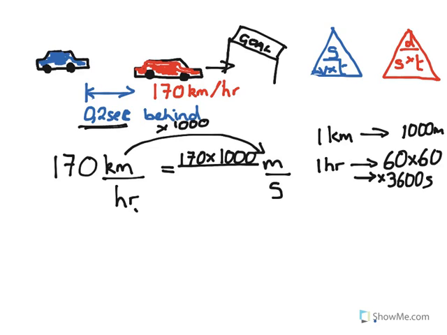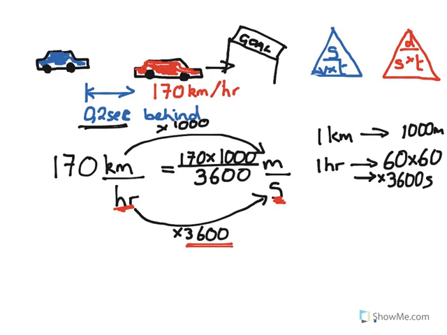But the hour is under the divide line here. To change from hours to seconds, we would multiply by 3,600. We have to keep this number below the divide line because the hours were below the divide line. So this would be the same as dividing by 3,600.